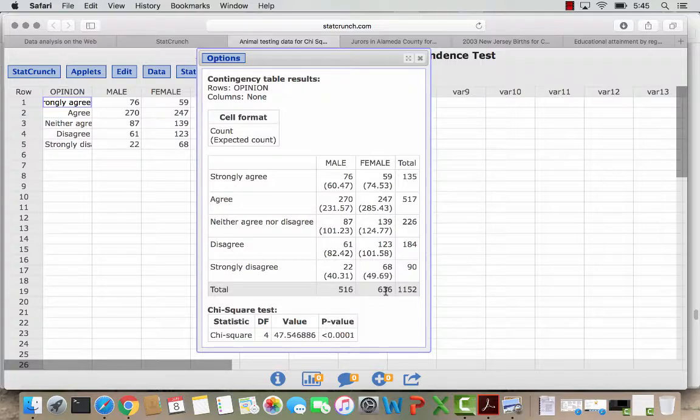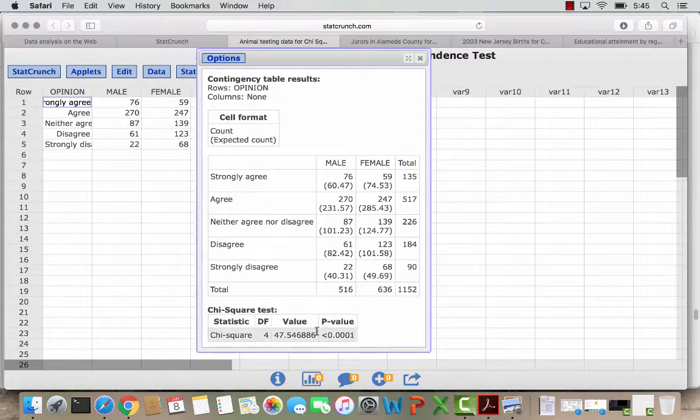So what they've done is they've pooled all the data together and figured out, well, how many total strongly agree, and then figured out if everybody was that same proportion of 135 out of 1152, how many of the men would strongly agree, how many of the females would strongly agree. So looking at what we expected in parentheses, these look different than what we have in our actual observed data. Higher in some places, lower in others.